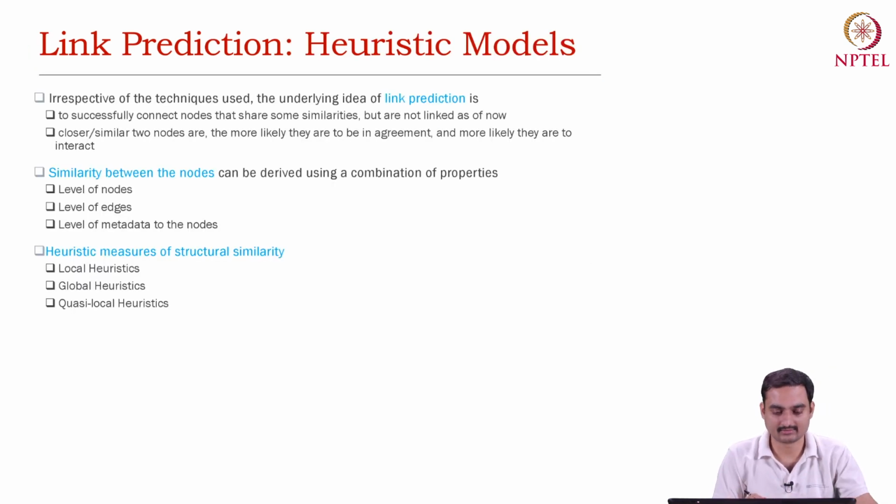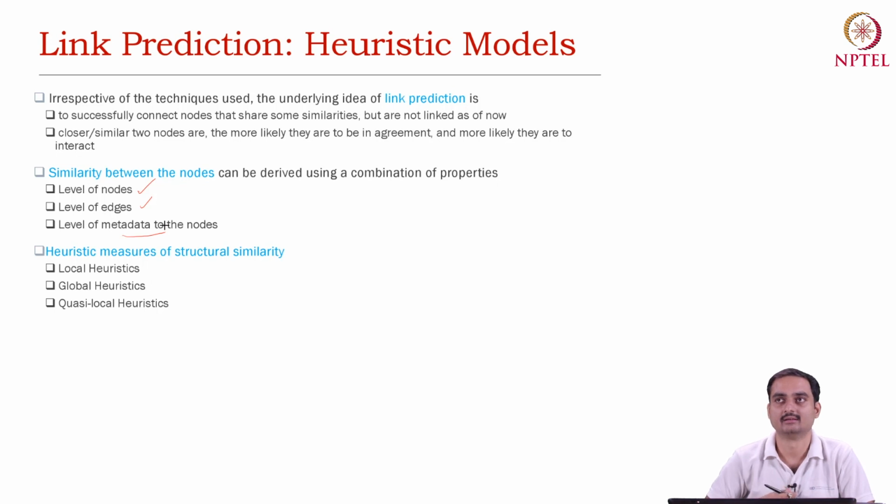So, let us start with the metrics which are generally used to capture different heuristics. The similarity between nodes can be derived using a combination of different properties. It can be a combination of node level properties, edge level properties, as well as metadata related properties.